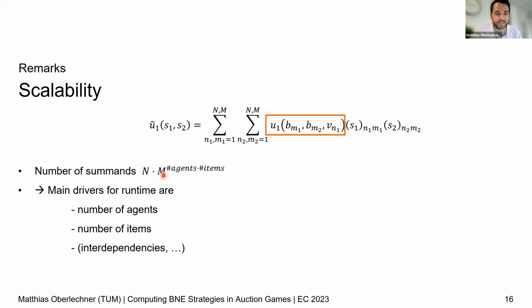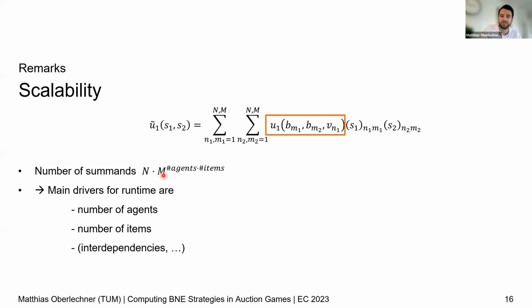So we can see that if we have a high number of agents or a high number of items, this explodes basically, and we run into issues regarding runtime or memory and stuff like that.